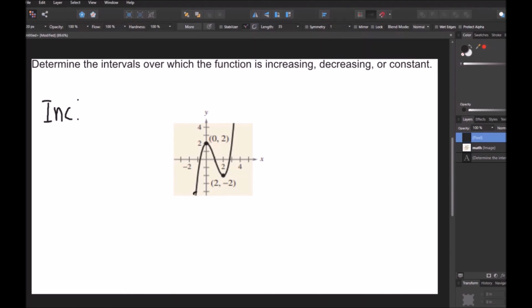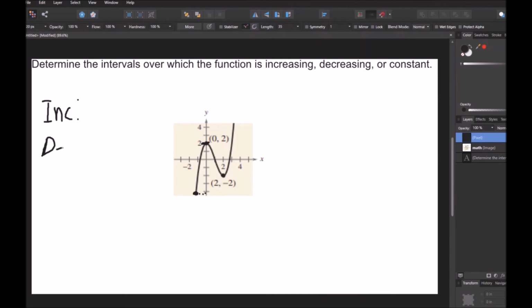So if I pick a point right here, for example, and I pick this point right here that it gives me, 0, 2, it's just an easy, nice point that it gives me, I can see that f of x1 is way down here, but f of x2 is way up here. So it's increasing over this interval.